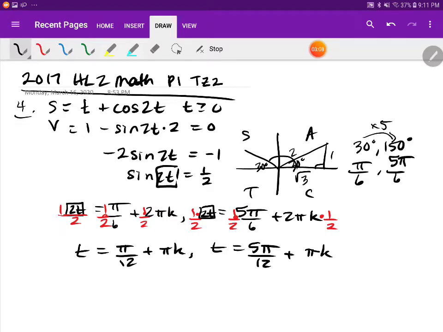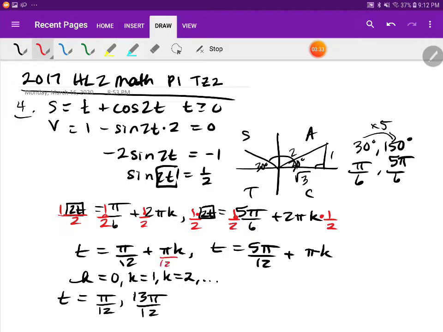So it turns out that k equals 0, I think, gives me the first 2 answers. But if you remember this from math analysis, you had to plug in multiple k's potentially to get all the values that you needed. So this one is t equals pi over 12 if you substitute in a 0. If you substitute in a 1, you get 13 pi over 12. I was finding a common denominator right here.